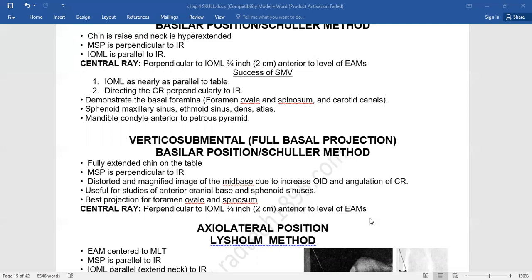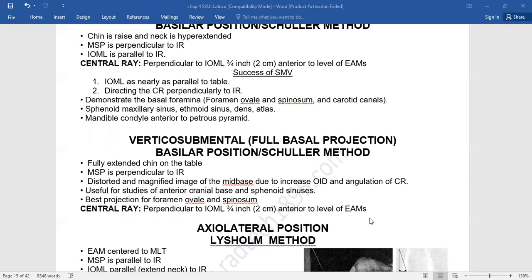With this position, this projection, it demonstrates a distorted as well as magnified image of the mid-base due to the increased OID and angulation of the central ray. The mid-base is magnified and distorted because it is far from the IR, since the patient is prone. This study is useful to demonstrate the anterior cranial base and the sphenoid sinuses, as well as the foramen ovale and the foramen spinosum.